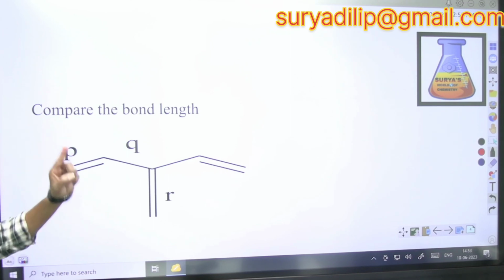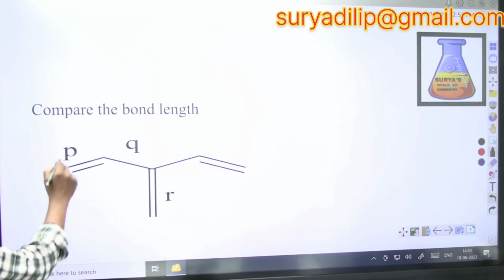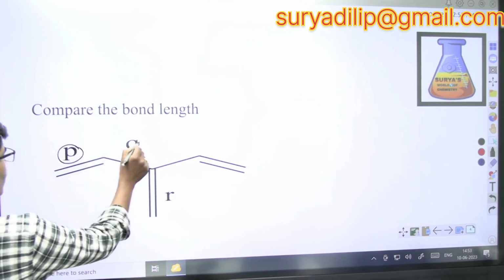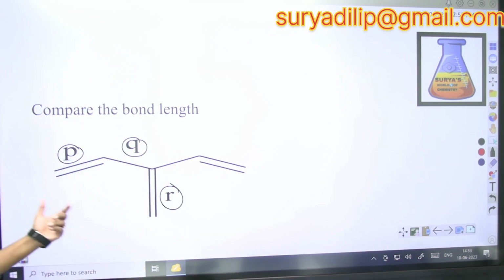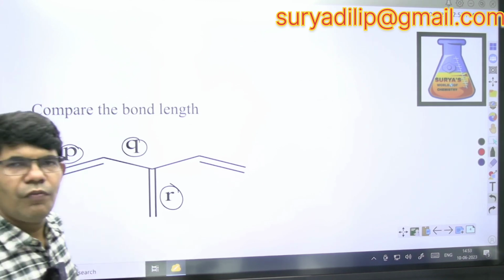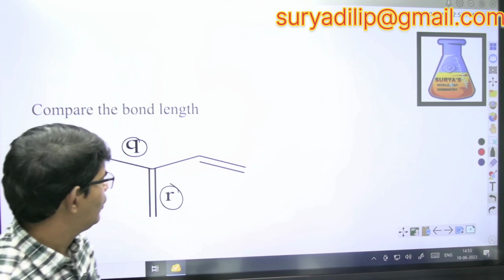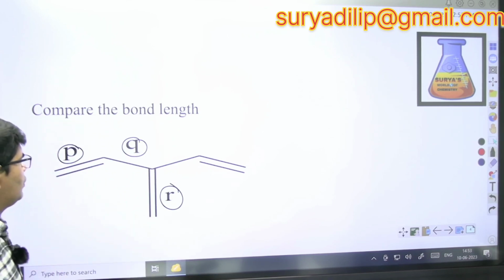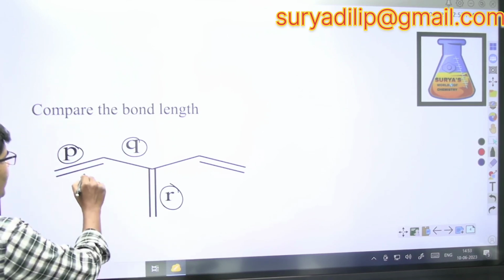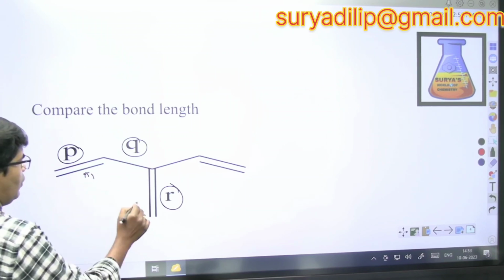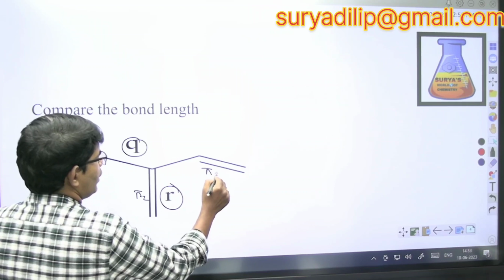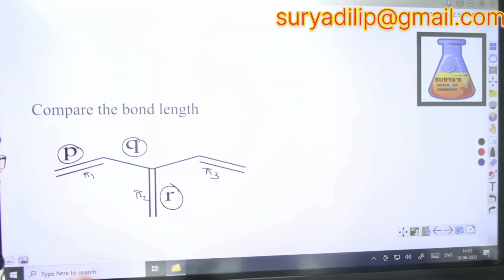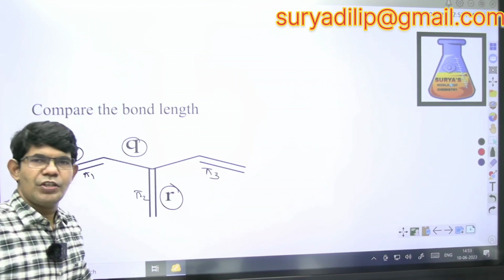Here it is asking you to compare the bond length between P, Q and R. If you have closely followed, this is a condition of cross conjugation. What do you mean by cross conjugation? If I take this as pi 1, this pi bond as pi 2 and this pi bond as pi 3, pi 1 and pi 2 are in conjugation.